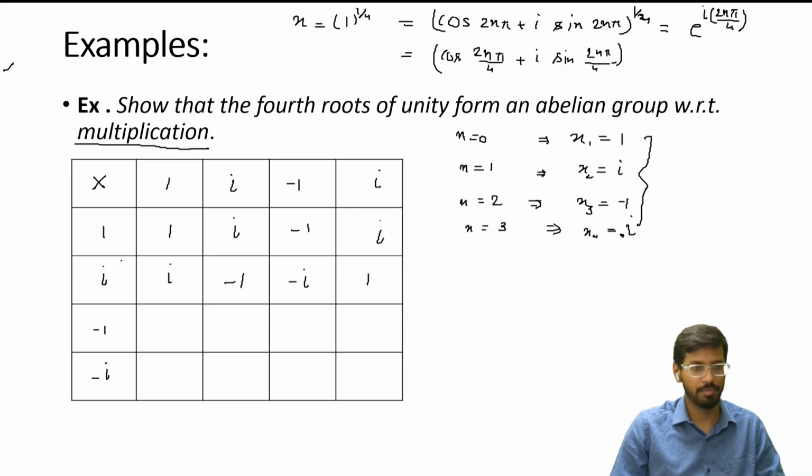Iota multiplied by minus iota is plus 1. Now -1 multiplied by 1, -1; by iota, minus iota; by -1, +1; by minus iota, plus iota.